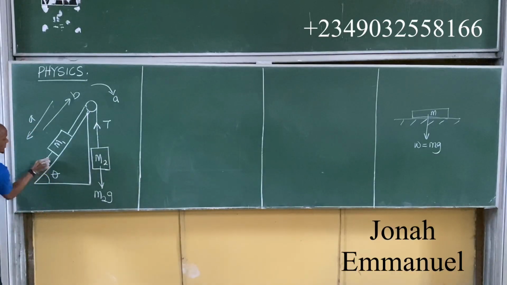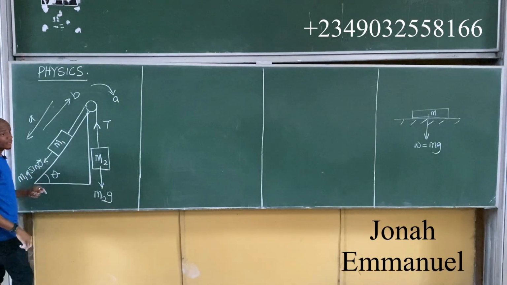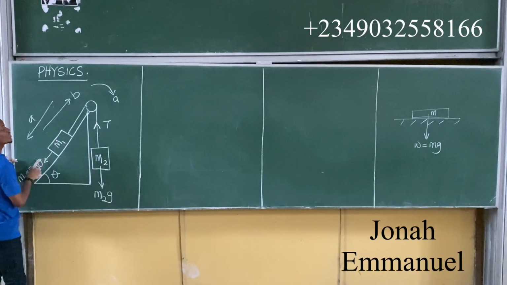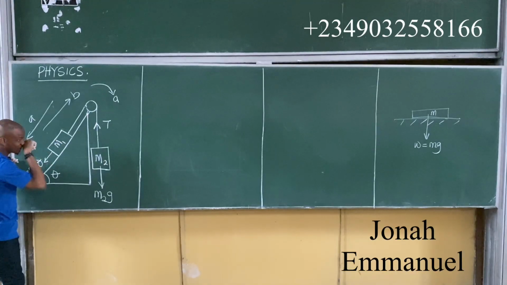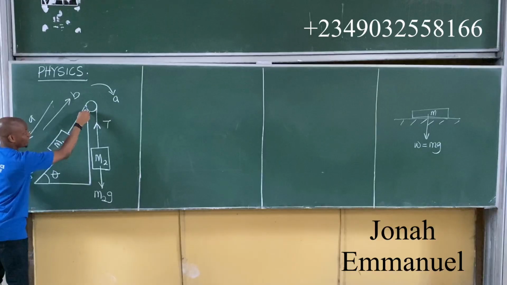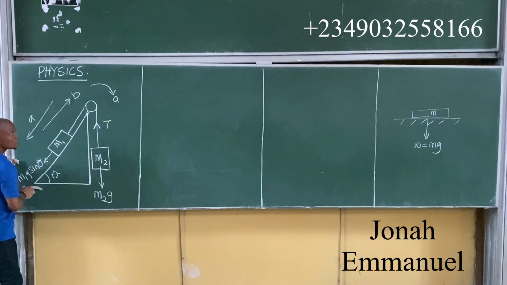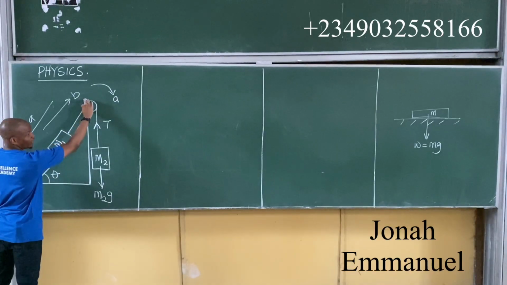And we said when a body is inclined at an angle, as I showed you earlier, the force acting becomes what there? Mg sine theta. But in this case, it becomes M1 instead. So this one becomes M1g sine theta. So are we good? Picture these two things. If I cut off this string, this one will fall this way. But if I hold it here, will it fall?